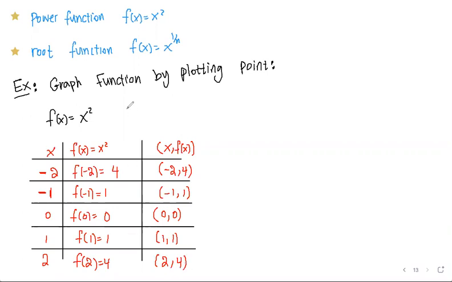Now you draw the Cartesian plane. So this is my Cartesian plane here, the x-axis, the y-axis. Now you choose a point. Let me start from 0, 0. So this is my 0, 0 here.